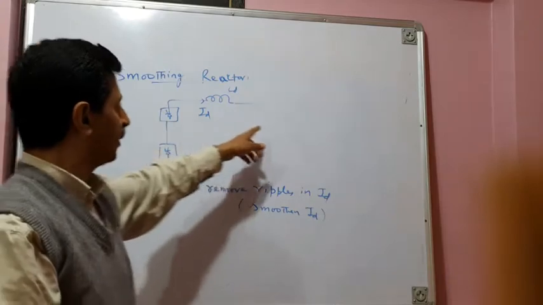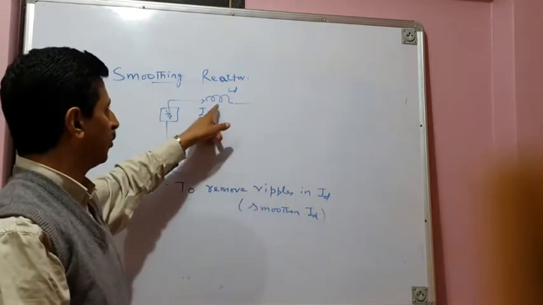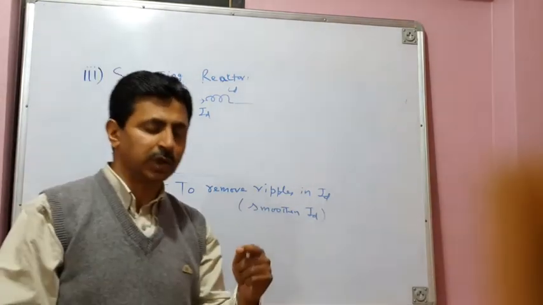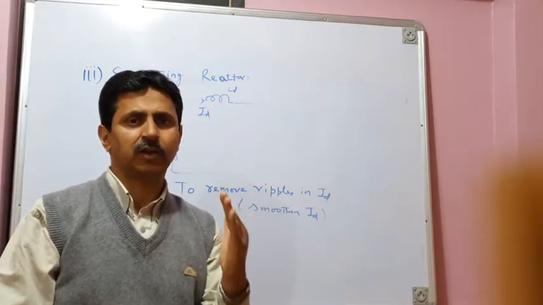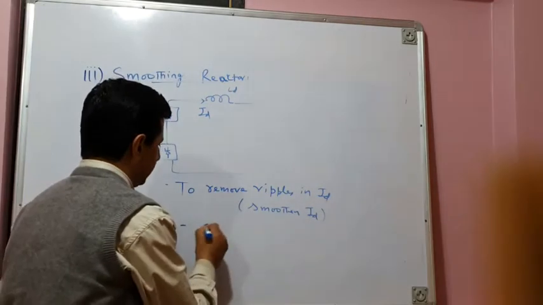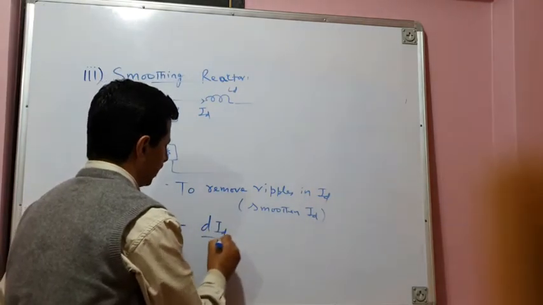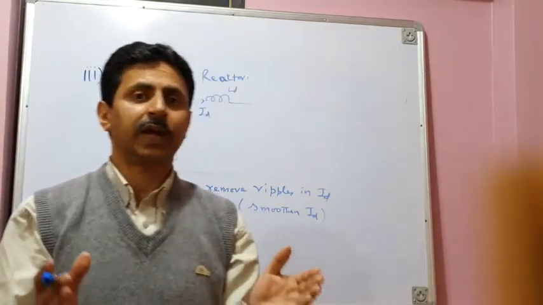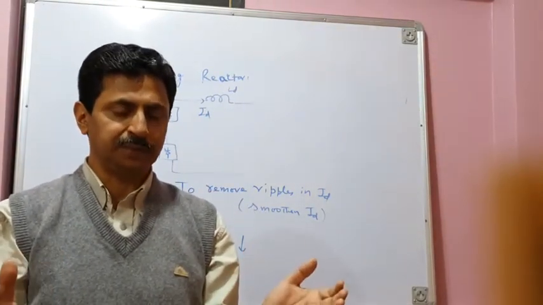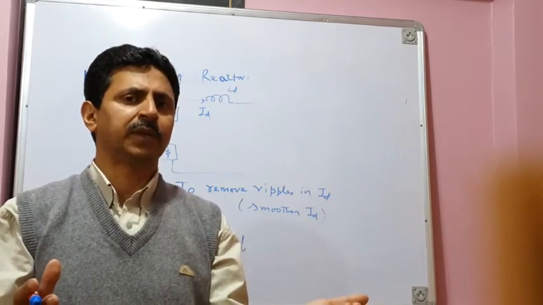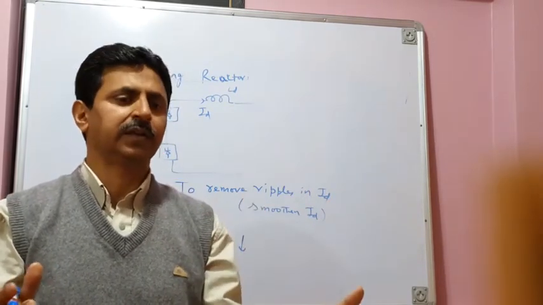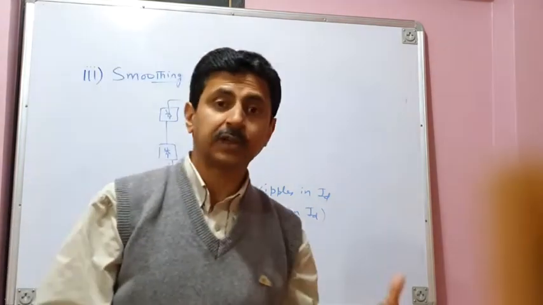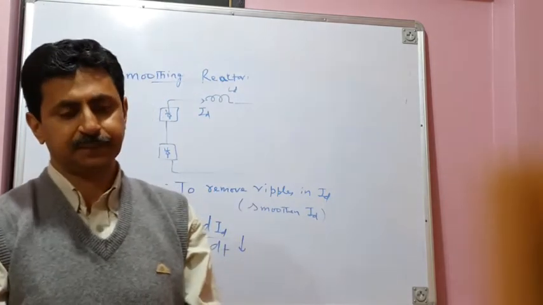But what does the smoothing reactor LD do? It decreases the rate of rise of current, that is di/dt, and therefore it helps in the prevention of commutation failure. How does it help? By decreasing the rate of rise of the fault current. We will study this in one of the classes. So these are the two main functions of the smoothing reactor.